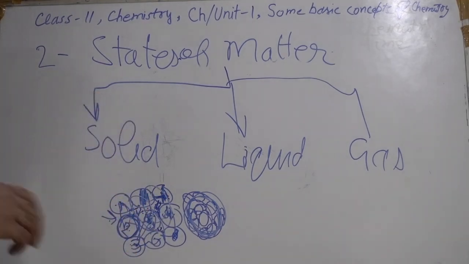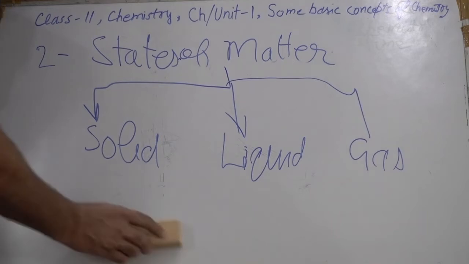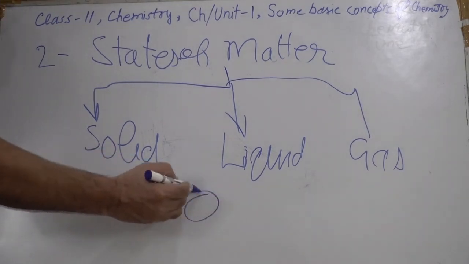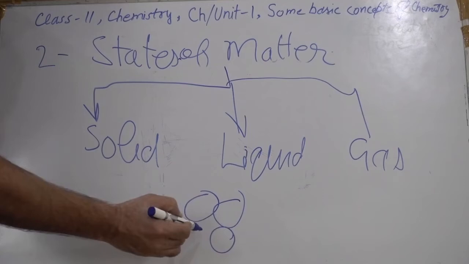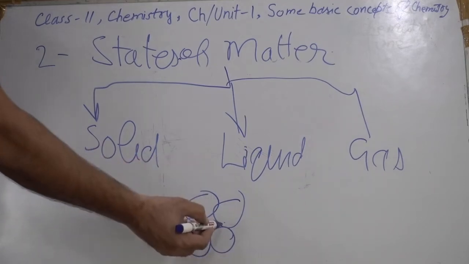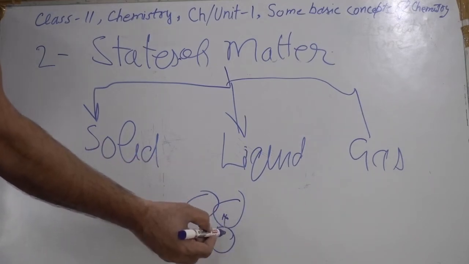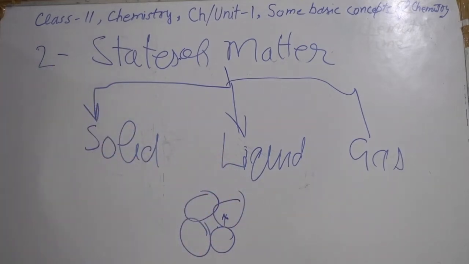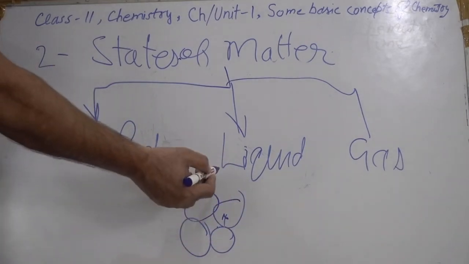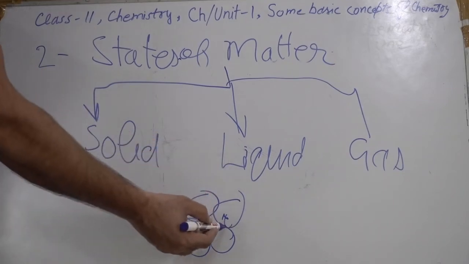But still they don't have kinetic energy enough to overcome the force of attraction between them completely. Therefore, they cannot go far away. And if we keep on supplying heat, then what happens?